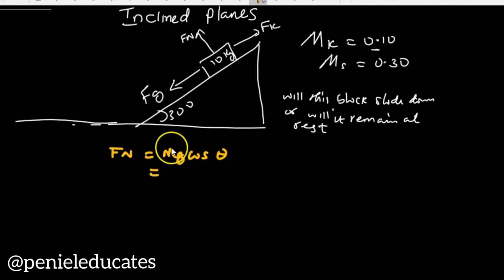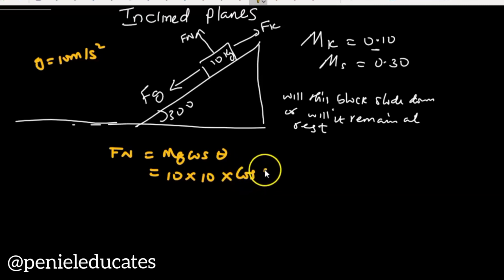We're given the mass as 10, and let's take g to be 10 meters per second squared.